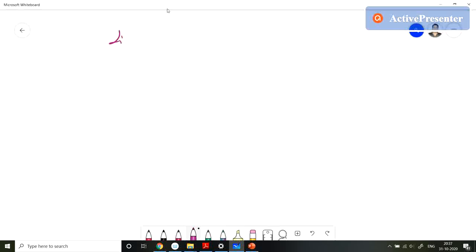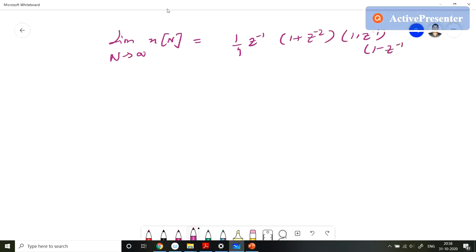If we solve this, the solution is 1 by 4 z raised to the power minus 1, then 1 plus z raised to the power minus 2, 1 plus z raised to the power minus 1, 1 minus z raised to the power minus 1, divided by 1 minus z raised to the power minus 1.